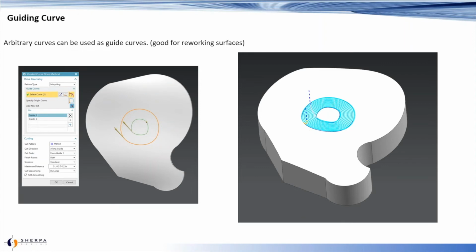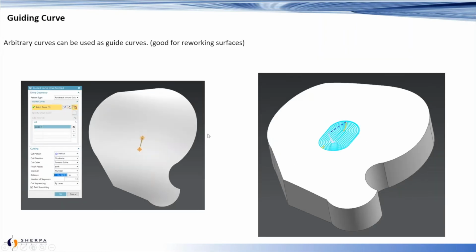If you have some rework area and you want to avoid a particular area, you can draw guide curves around that until it just machines that one particular area. If you have a part with a contact surface that requires an extra fine finish, and you don't want to run that fine finish on the entire part, it's a very good tool to quickly run a custom toolpath on that area.